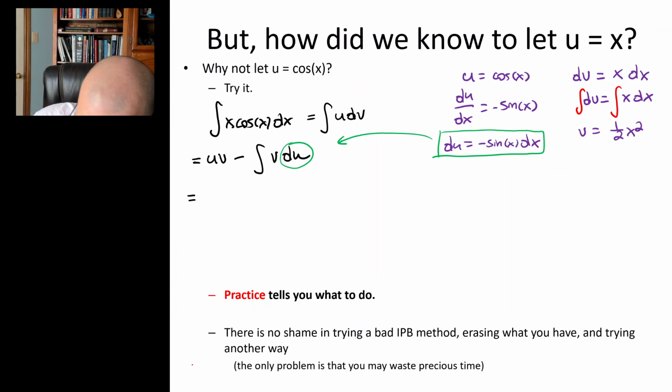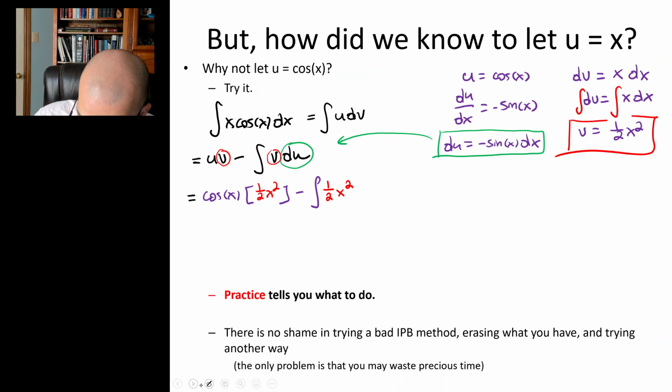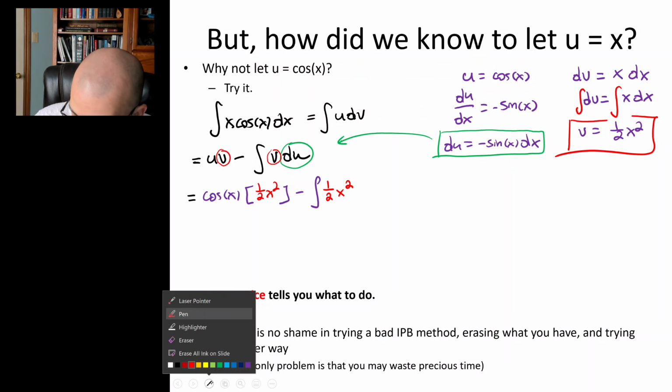So that'll go in the v part of the expression. So we have u, which is cosine of x, minus integral of v times du. So 1/2 x squared for v, and then du, negative sine of x dx.